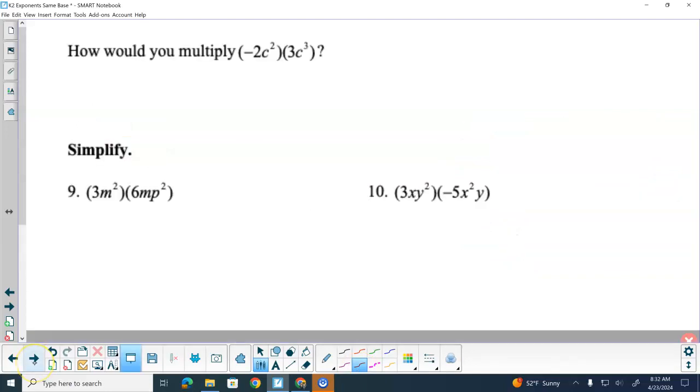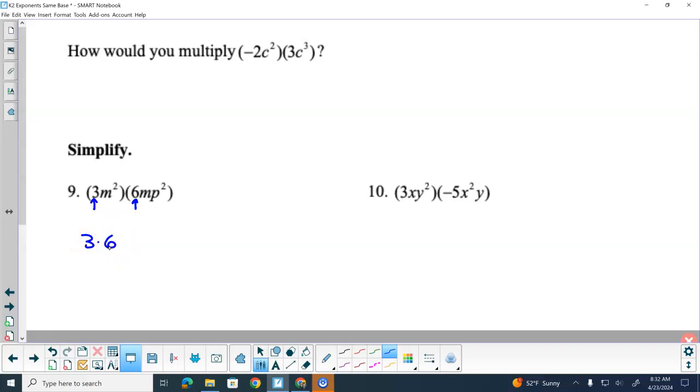3 minutes left, and so we're going to talk a little bit about these ones now. Okay? So how I go about recommending you rewrite these ones is I would take the numbers here. So we've got 3 is a number, 6 is a number. So we write those two next to one another. We're kind of grouping the like things.